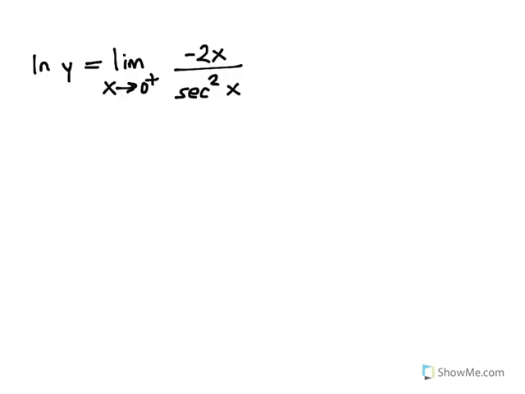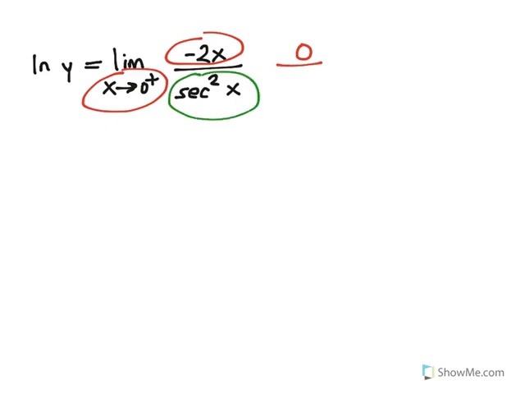So you're going to try direct substitution as x approaches 0 from the right. Negative 2x, negative 2 times 0 is 0. What about the denominator? What will that approach? Well, one thing that can help you is remembering some trigonometry. Remember that if you have secant of x, it is the reciprocal of the cosine function.